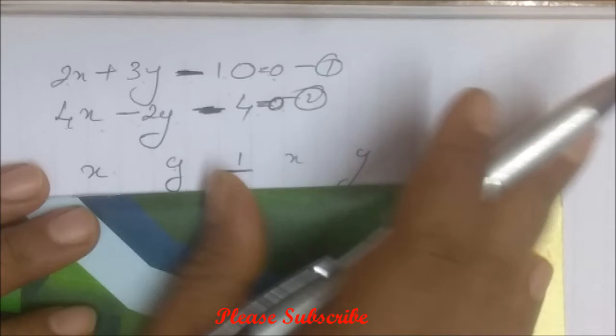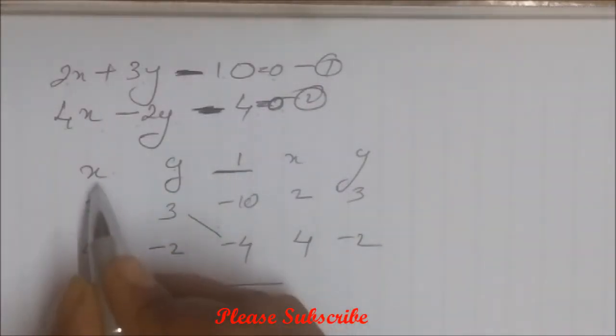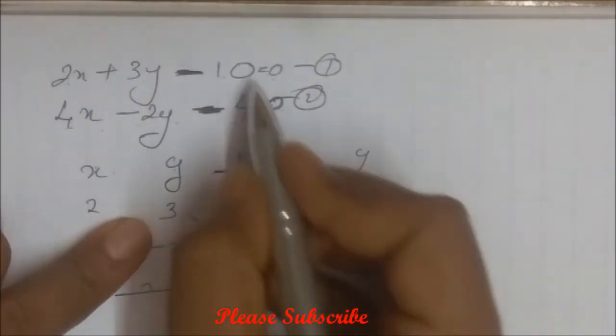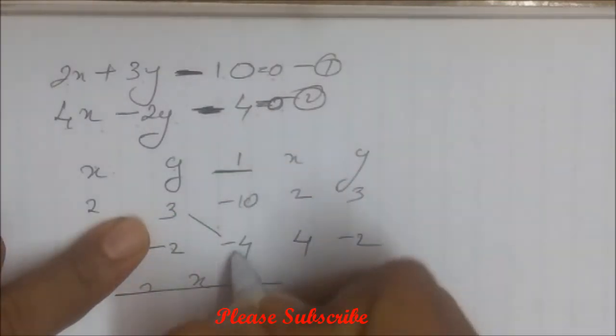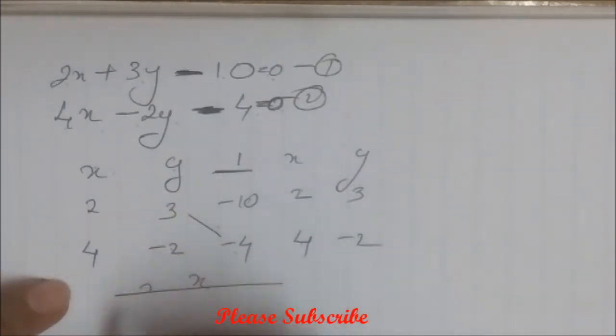I am writing the corresponding coefficients. For x it is 2 and 4, for y it is 3 and minus 2, and for the constant it is minus 10 and minus 4, and again for x it is 2, 4, and y is 3, minus 2. Now I am going to write the equations.